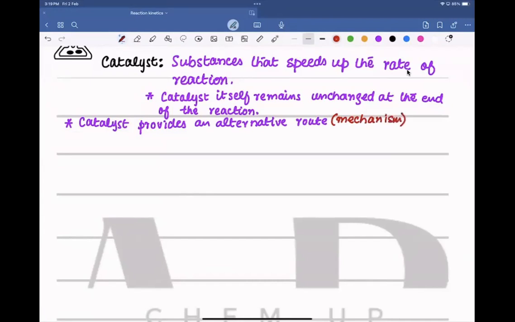So now the reaction occurs in a different way, which needs relatively less energy for the reactants to turn into product. And if the energy is lesser, there will be more particles which can collide effectively. Is this point understandable to all of you? Yes, sir.